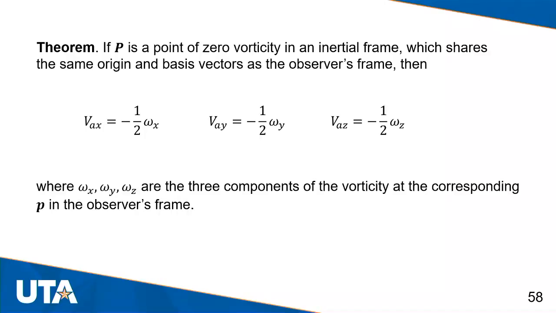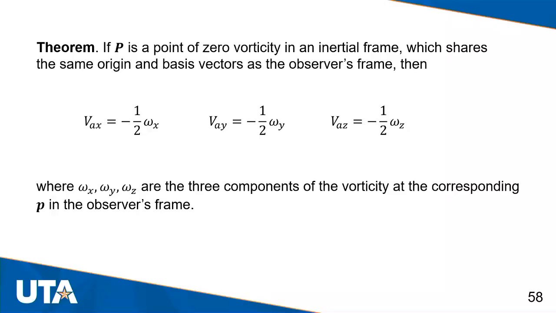So if we can find such a point, and we know its location in the observer's data, we just calculate the vorticity at that point, then multiply by negative 1/2, and the result is the observer's angular velocity in the inertial frame. Then we can find the velocity gradient in the inertial frame.